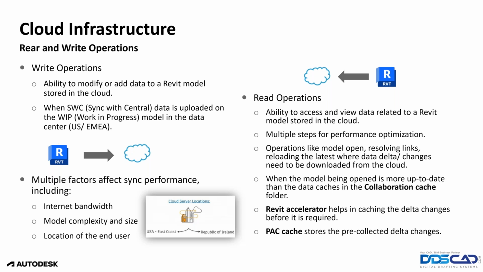When you create your account initially, or your hub, it's going to ask you to put the company name or account name, and then select either the US or European data center. That's why you'll want to choose the one that's closest to the majority of your operations. That's not to say that the European data center can't be accessed by somebody in the US, but it will speed things up to choose the data center closest to your base of operations. Okay, so that's going to be our cloud infrastructure.